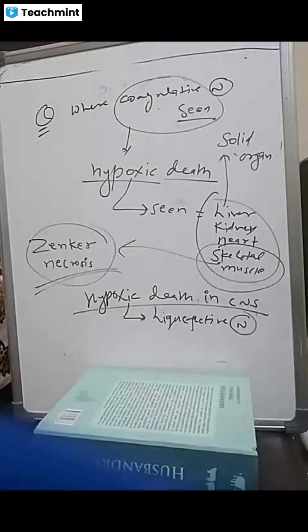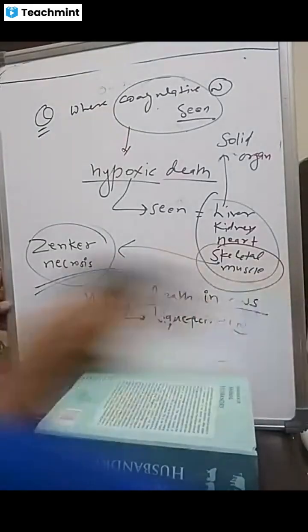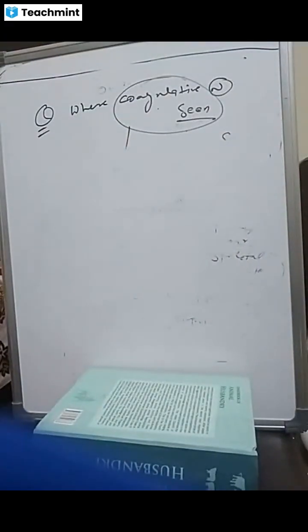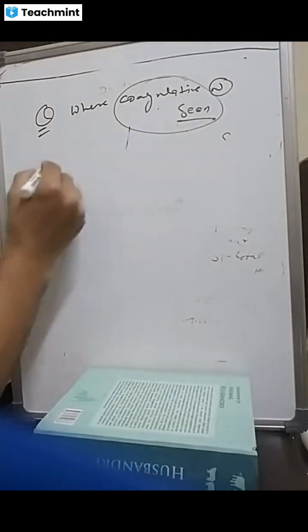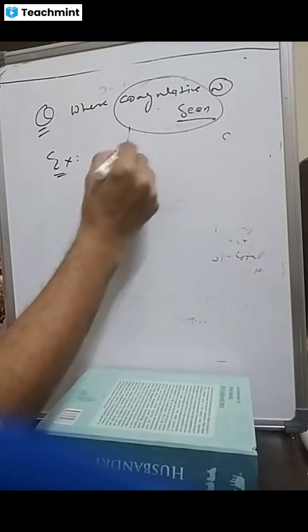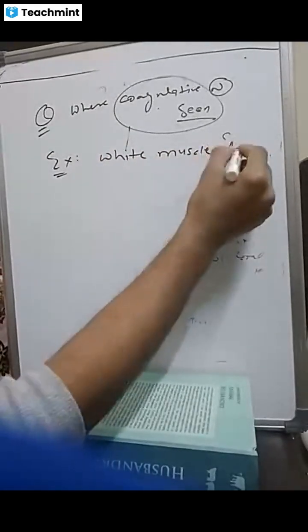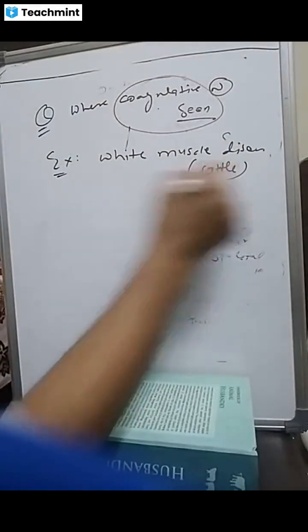An example of coagulative necrosis is white muscle disease in cattle and sheep.